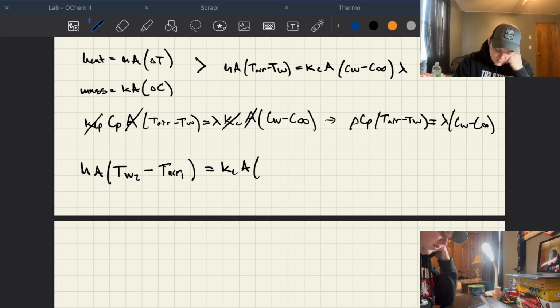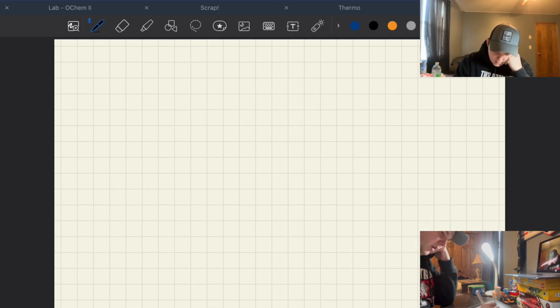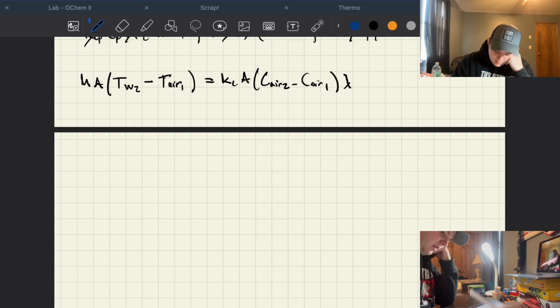That value is going to be Kc A, just our concentration of air 2 minus concentration of air 1, I think. That seems right, and I'm carrying a multiplier gamma through. Okay, so that looks pretty good so far.